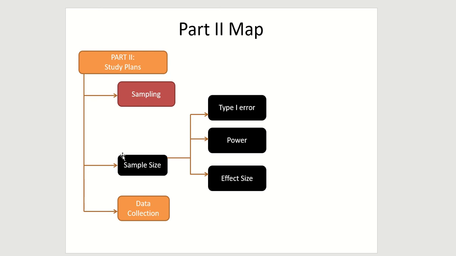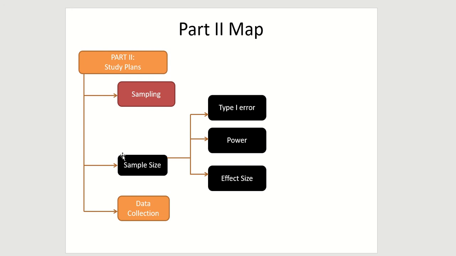So typically, if you want to run a study, you want to make sure that not only do you have a good sample, that the procedures you're using to get your sample are good and will yield a representative sample, but also a big question is how big my sample needs to be for me to do the study.